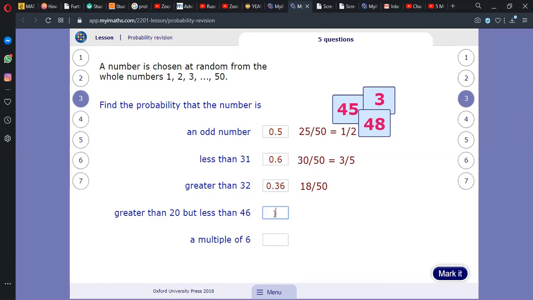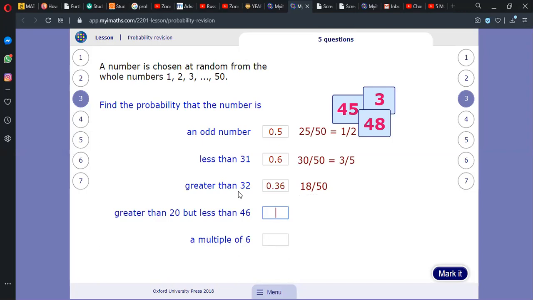We know how it goes now, so I'm just going to drop the answer. We need the probability that the number is greater than 20, but less than 46. That is a range, between 20 and 46. Remember, it's greater and less, so that means 20 is not there and 46 is not there.